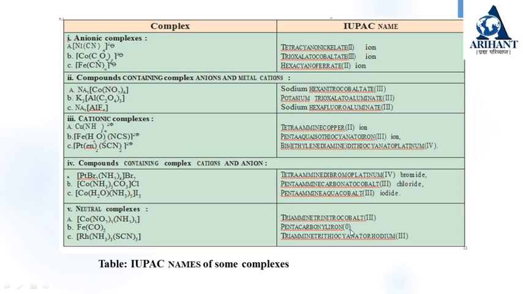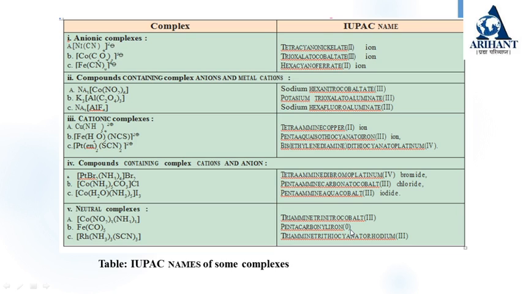So sodium is outside the coordination sphere, so we will write sodium first, then we will write hexanitro. Ligand will appear first before the metal atom, so hexanitrocobaltate, and it has plus 3 because 3 sodium atoms are outside the coordination sphere to neutralize that charge.